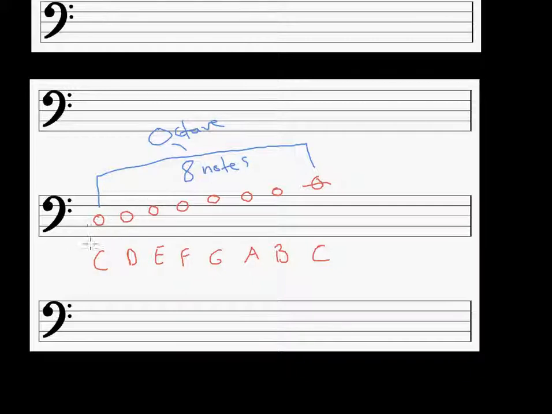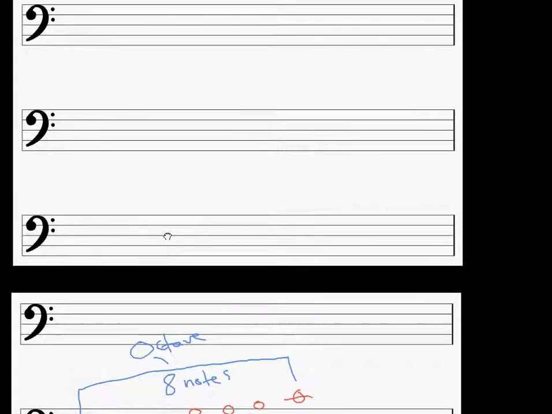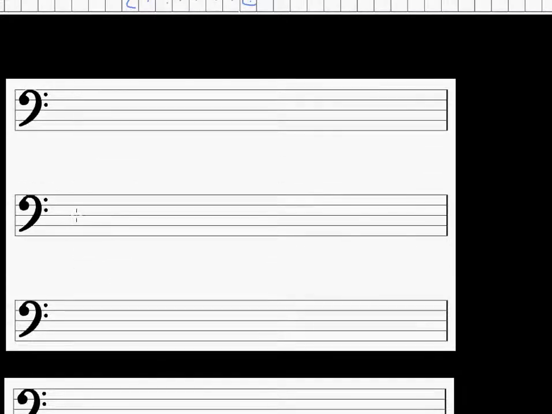So what I was saying, we could actually start this 8 notes lower, an octave lower. So how would we go about that? Well, let's do it here. We know here is C. So we want 8 notes below this, and it's going line, space for all the notes.